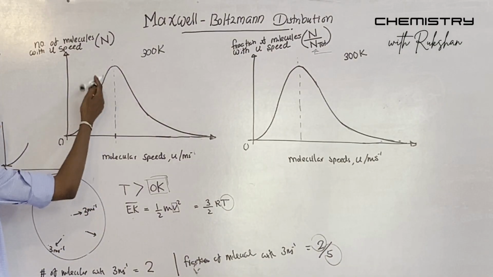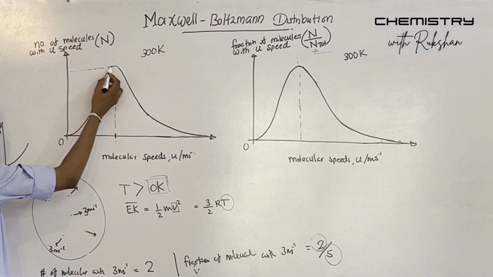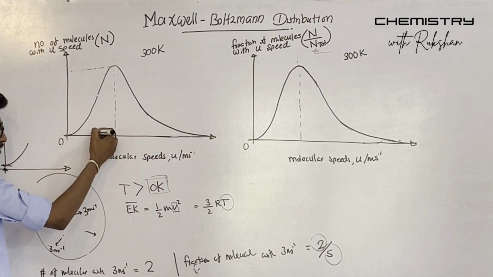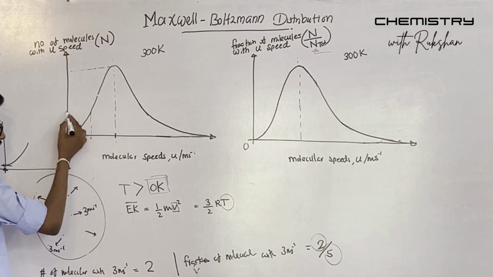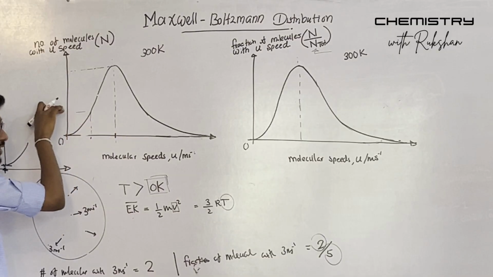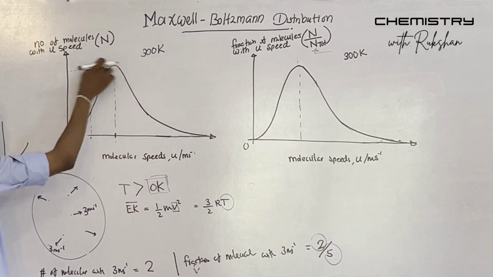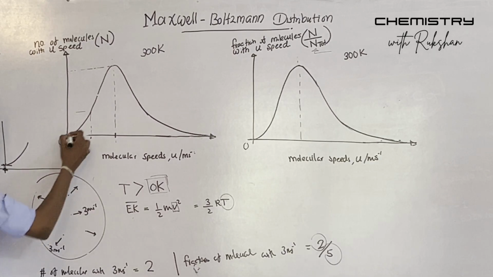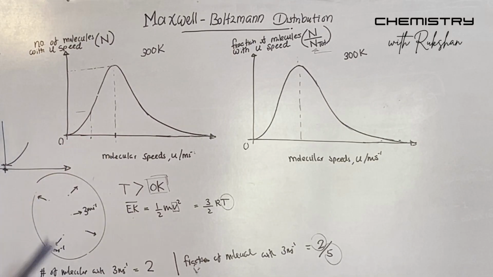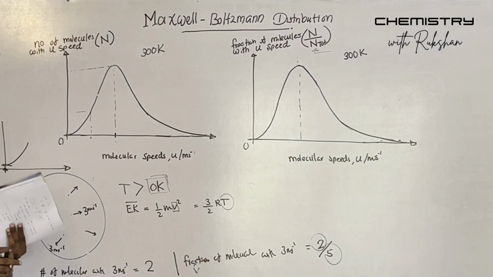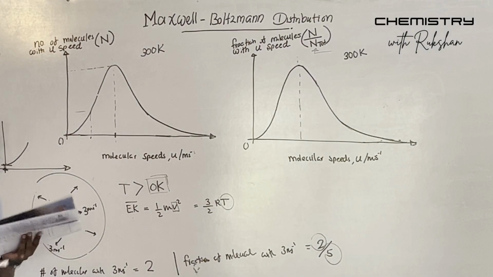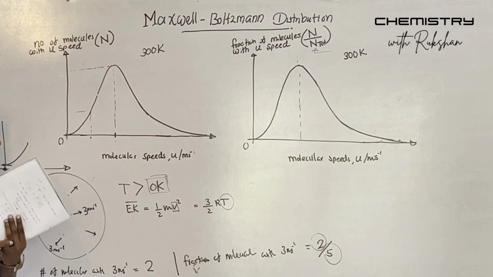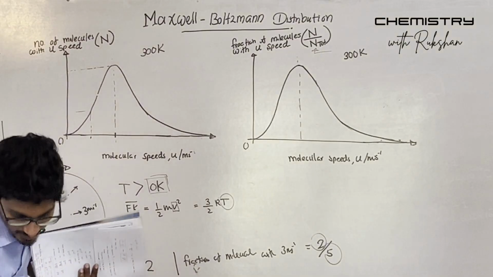See, number of molecules with this speed is this much. That is the maximum value, right? Number of molecules with this speed is just this much, right? So actually this is the speed with maximum number of molecules, right? That is referred to as the maximum probable speed, which is denoted as c_p.